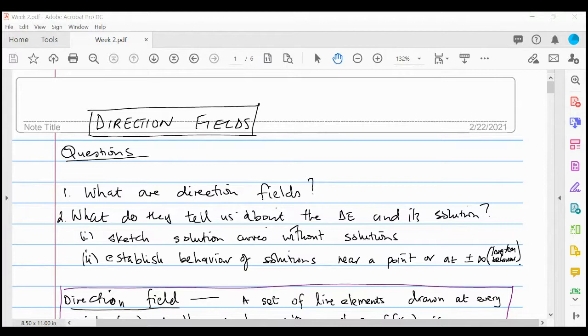Basically, we are looking at direction fields and some methods of solving first order differential equations, the particular method called separation of variables. When we do that, to have solutions, we need to make sure that the solutions exist in a specific domain of definition.